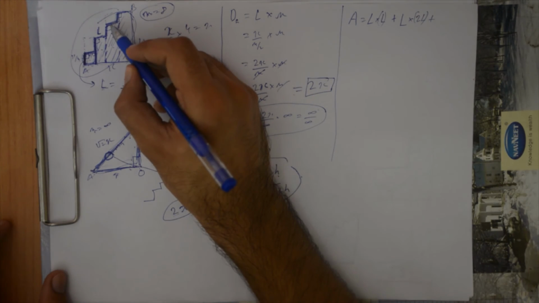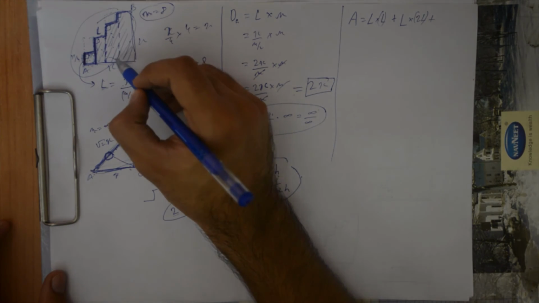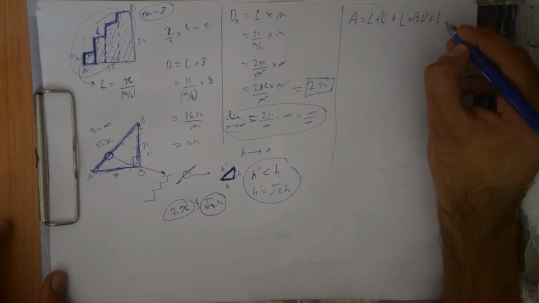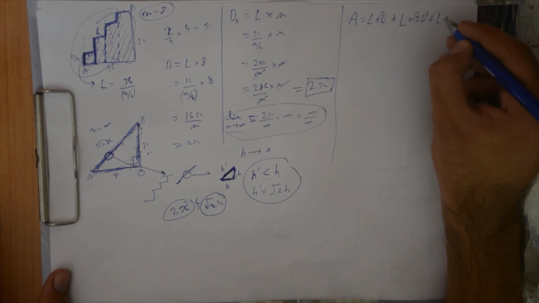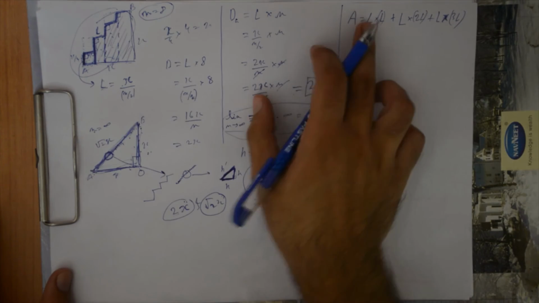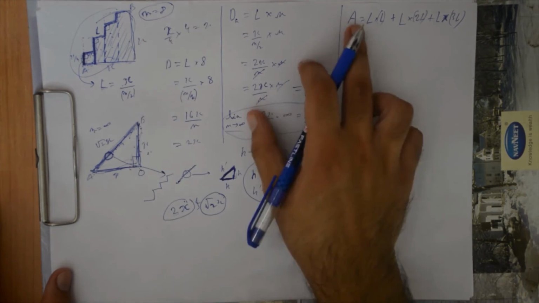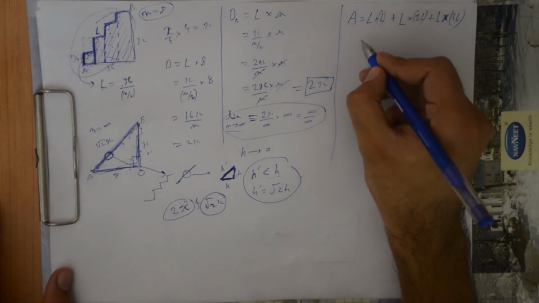Now let us write the area of the next rectangle. If you can see the pattern, it is L multiplied by 3L. We are not writing the area particularly for the case n equals 8, but we are writing the area for the general case.